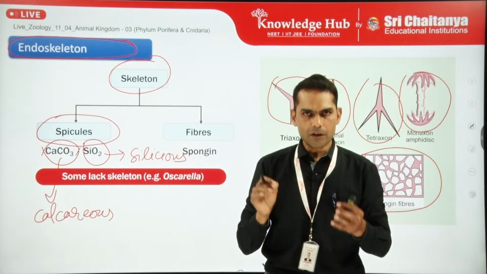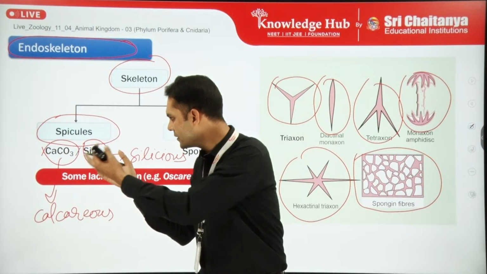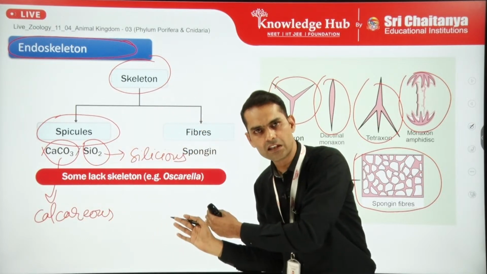So the body of the Porifera will have either calcareous or siliceous spicules.